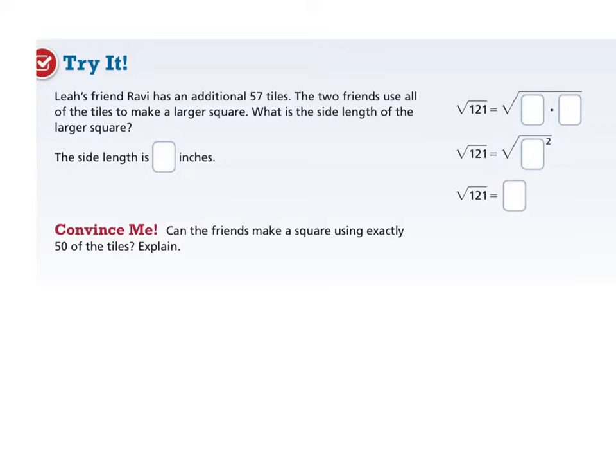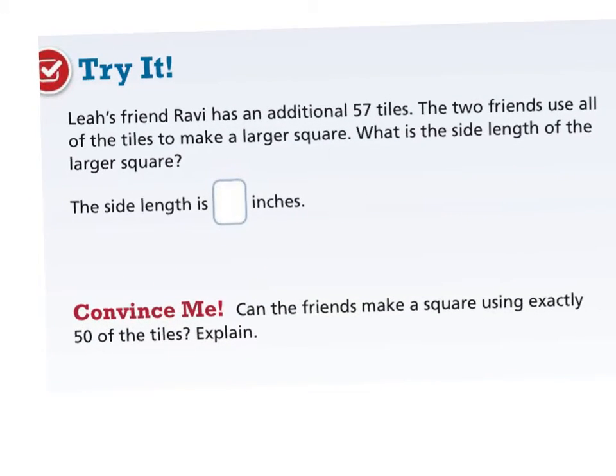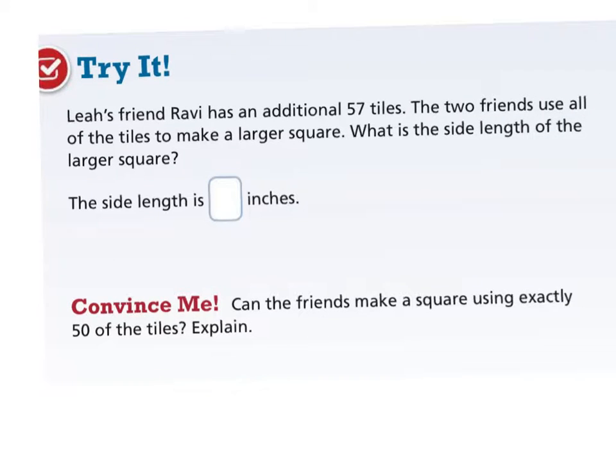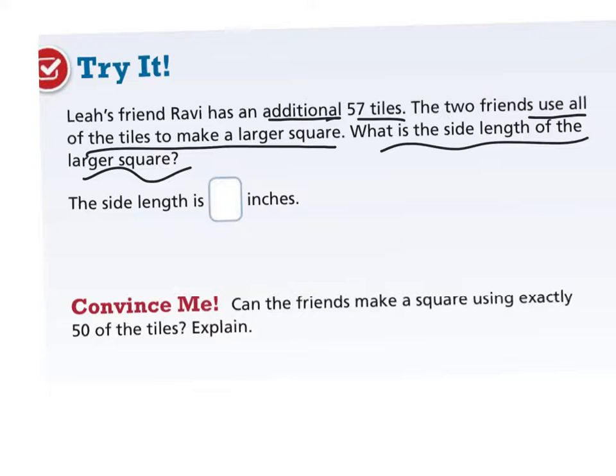So if we look at the try it, Leah's friend Ravi has an additional 57 tiles. The two friends use all the tiles to make a larger square. What is the side length of the larger square?